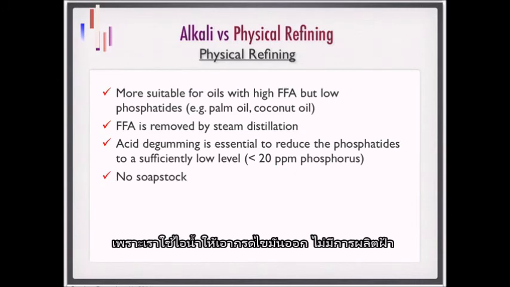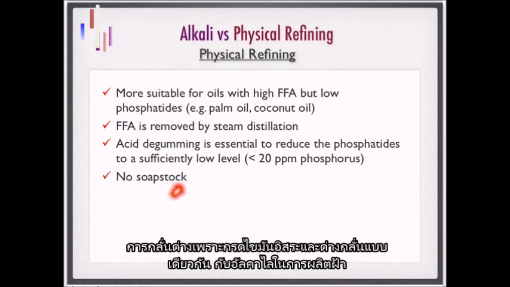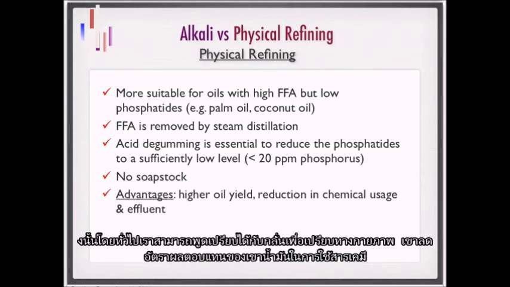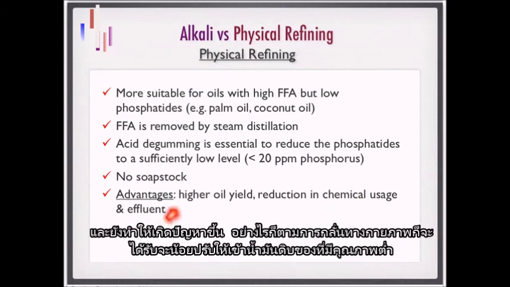And because we use steam to remove the free fatty acid, no soap stock is produced, unlike in alkali refining, where the free fatty acid is reacted with the alkali to produce soap stock. So in general, we can say some of the advantages of physical refining are a higher oil yield, a reduction in chemical usage, and also fewer problems with waste treatment.